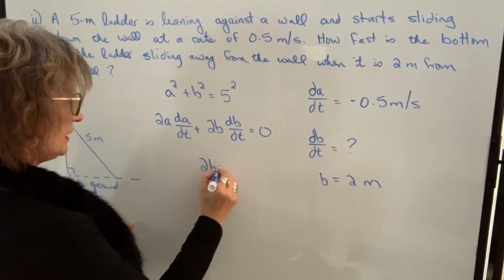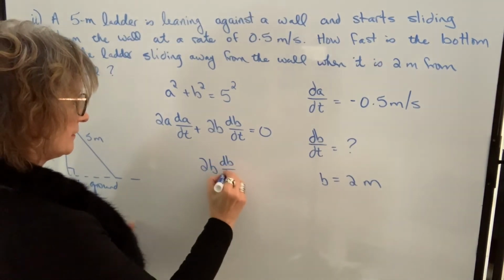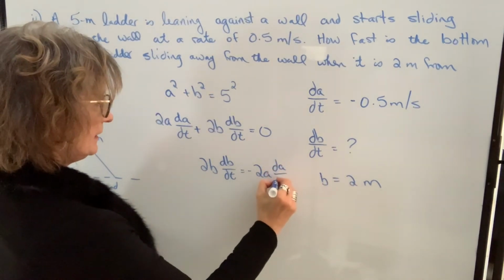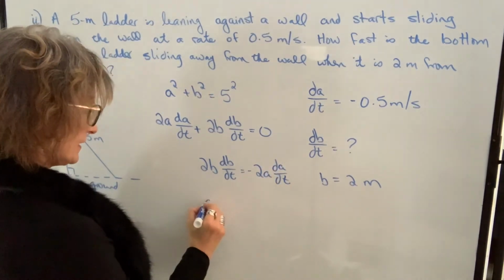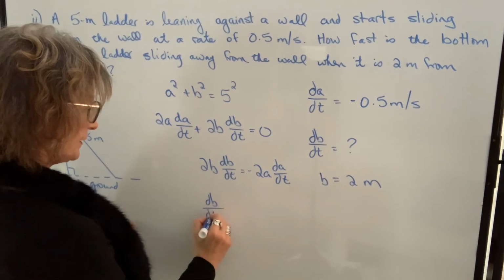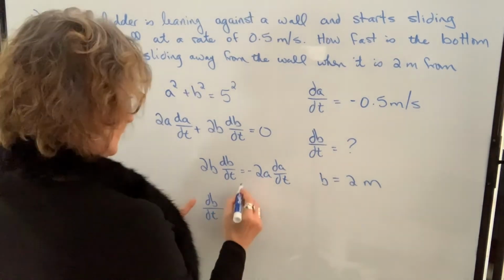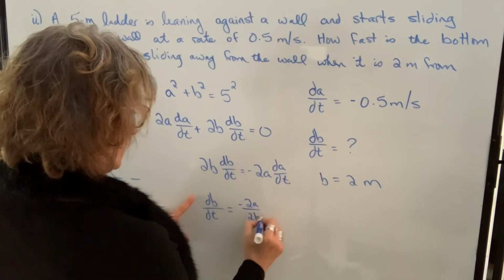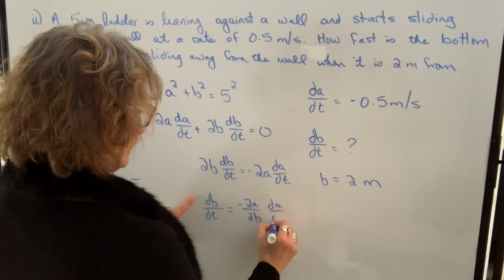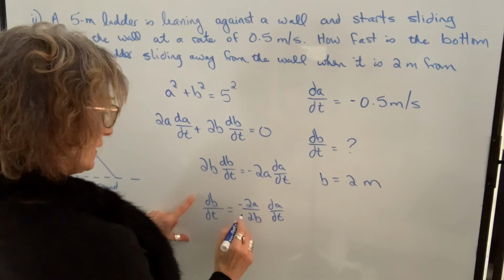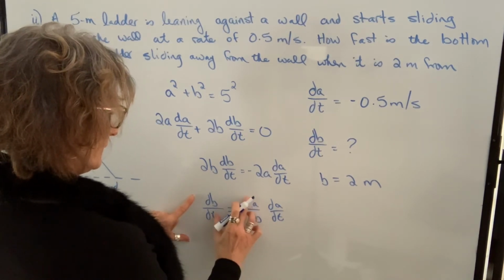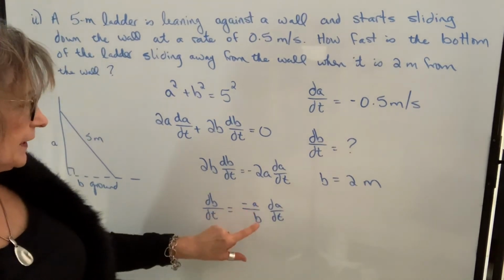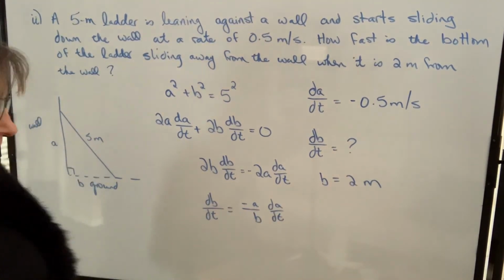So 2b dB/dt will equal negative 2a dA/dt. And I like to isolate my variable and then plug the values in. So I'm going to have negative 2a divided by 2b times dA/dt, and the 2's will cancel. So dB/dt will equal negative a over b times dA/dt.